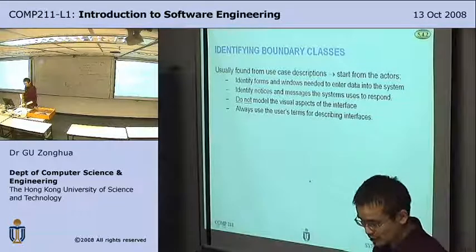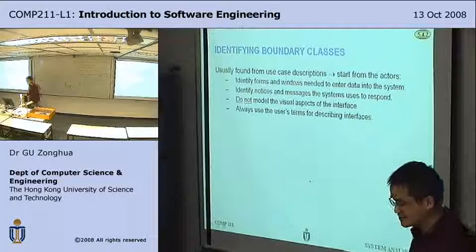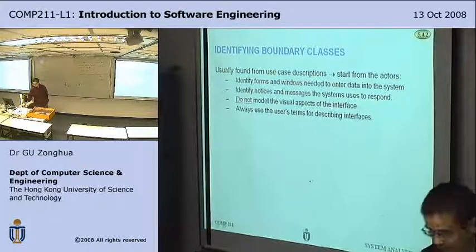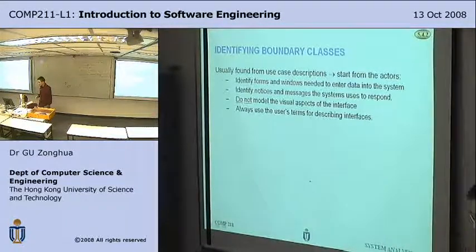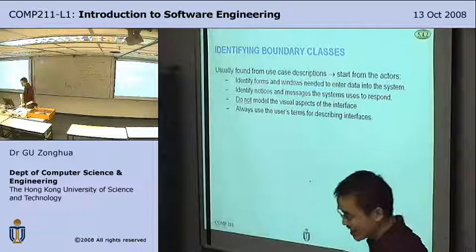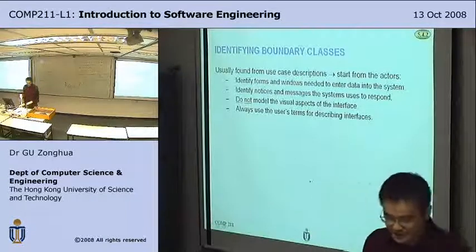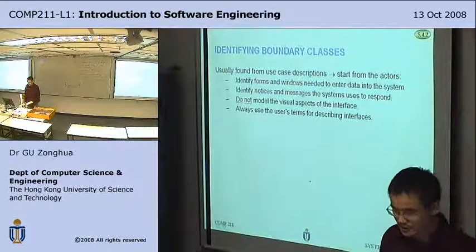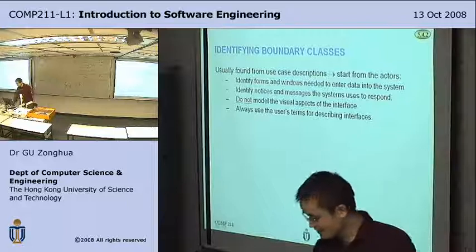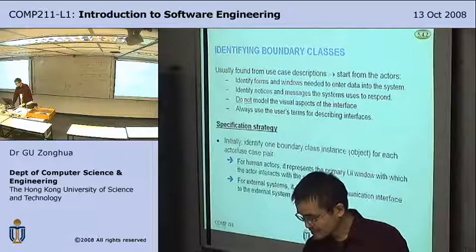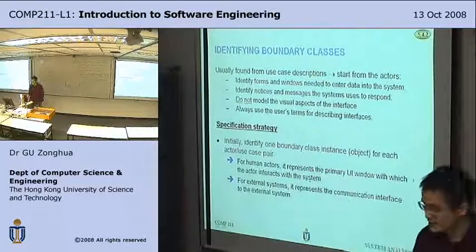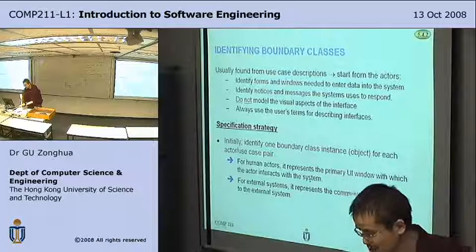Do not model the visual aspects of the interface, that is the actual dialogue. Keep it abstract. Always use the user's terms for describing interfaces, because it is interacting with the user.